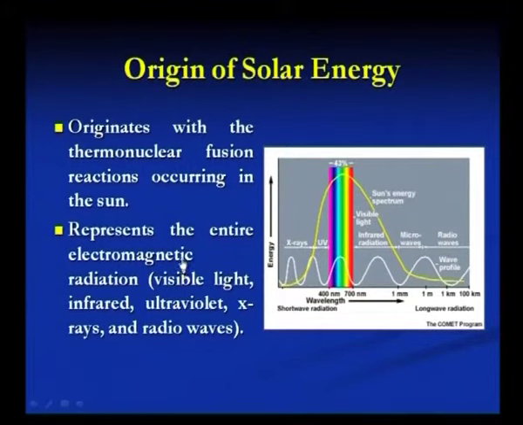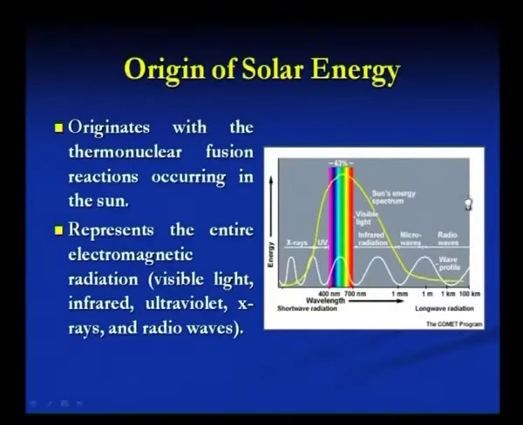The entire electromagnetic radiation is represented by the visible light region, infrared region, ultraviolet region, X-rays, radio waves, cosmic waves, and so on. Every region is termed differently depending on the wavelength of the radiation. For example, this picture explains the energy with respect to the different wavelengths of the radiations.